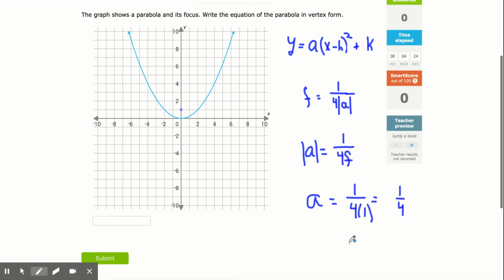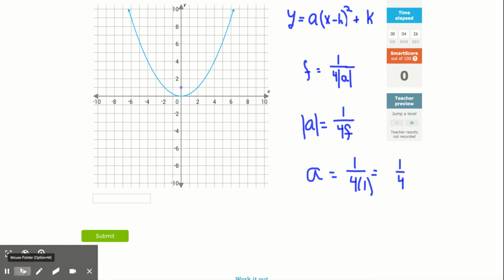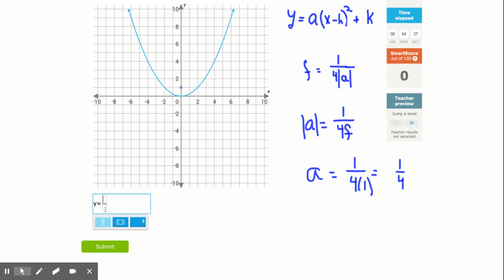This allows us now to type in the whole equation in vertex form. It's opened up, so we know our a value is positive, so it'll be a positive 1/4. Then we would do parentheses x minus our h value, but remember h is the x position of our vertex, which is 0, so we don't really need the parentheses.